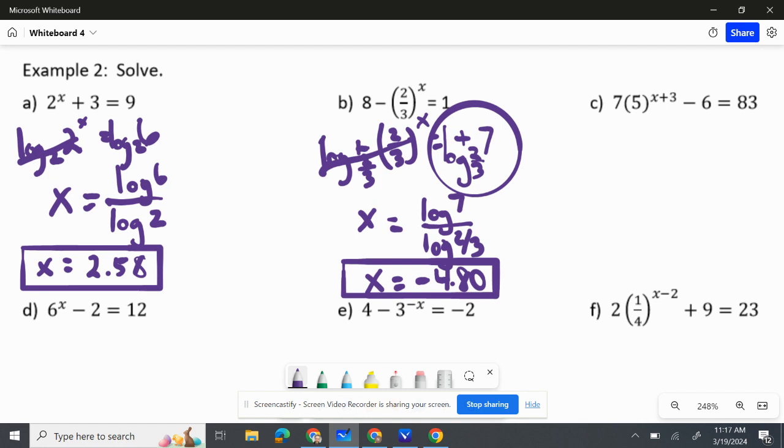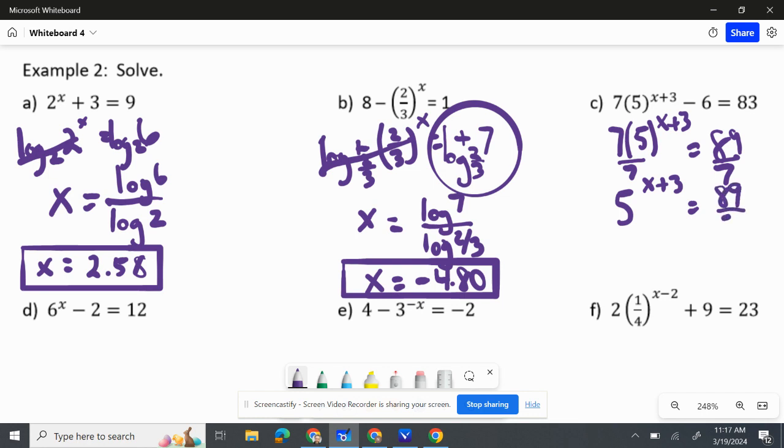Letter C, once again, same thing. First thing I'm going to do is add the 6, and that gives me 89. I'm going to divide it by 7, and it doesn't go in evenly, but it doesn't really matter because the calculator does most of the work. So we're just leaving it as 89 over 7. I'm going to do the log base 5, and the reason it's base 5 is because the 5 is what I'm trying to cancel, and I'm trying to get the exponent by itself because that's where the variable is.